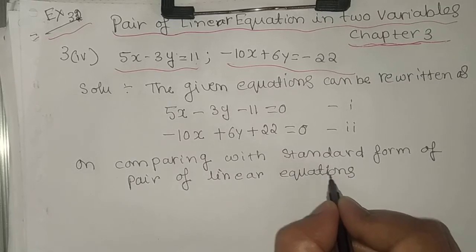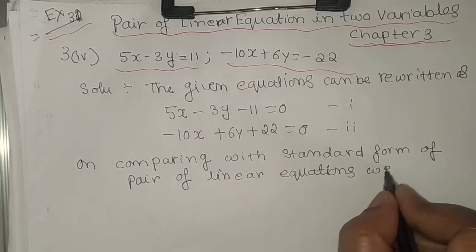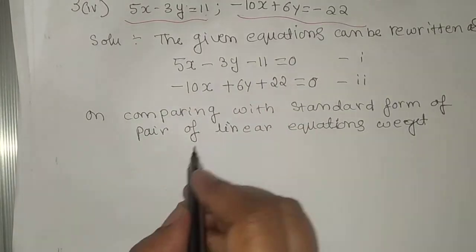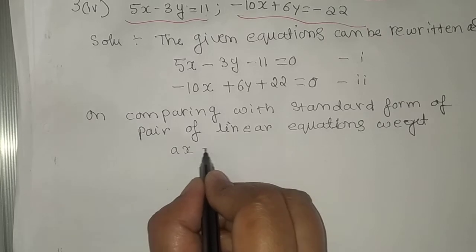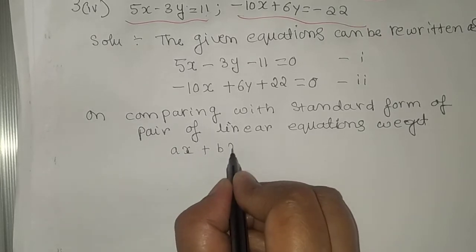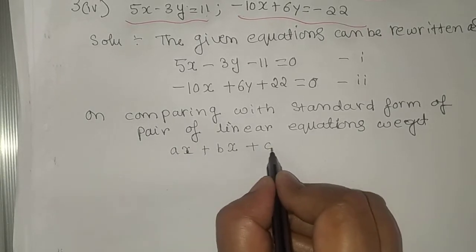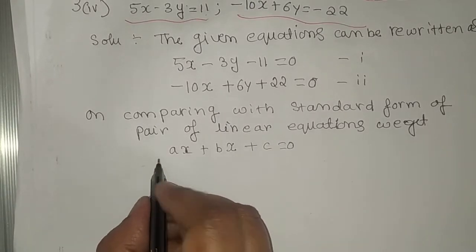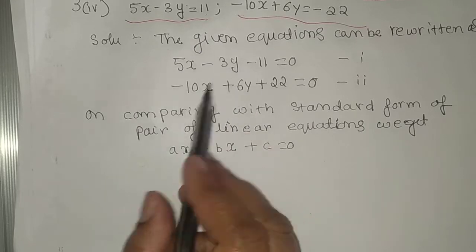So this same procedure we have to repeat. We get, write down, as we know, this is in the general form, ax plus by plus c is equal to 0. Therefore, write down, this is a, b, c.